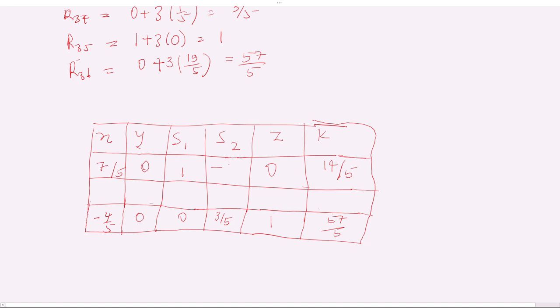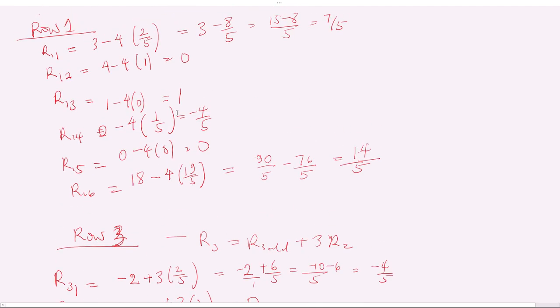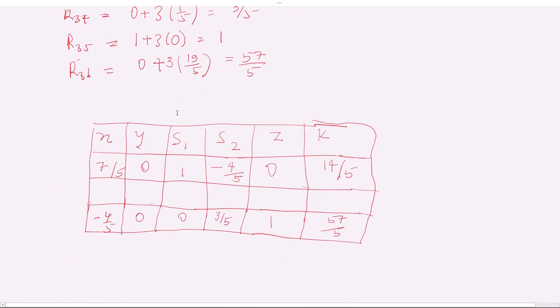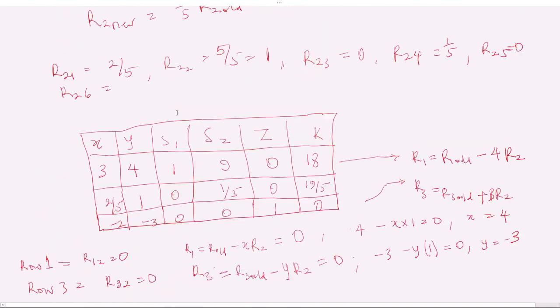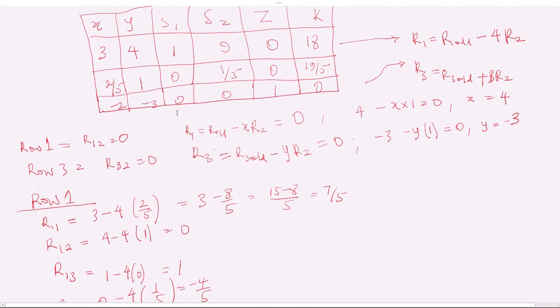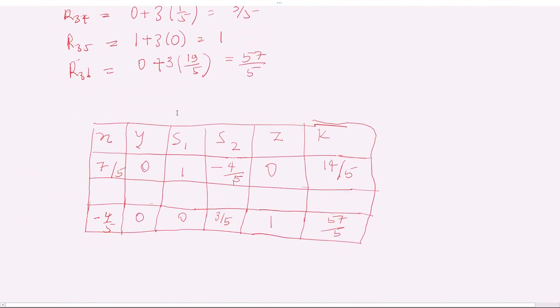So this is minus 4 over 5, 0, 14 over 5. So let's put our row 2 as it was before, because that's what we're using to transform. Column 2 and row 2 are the pivots.